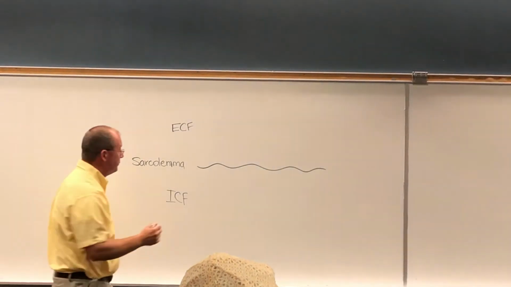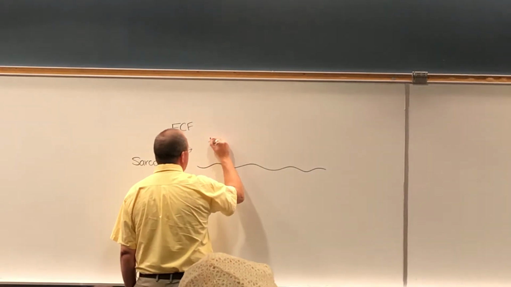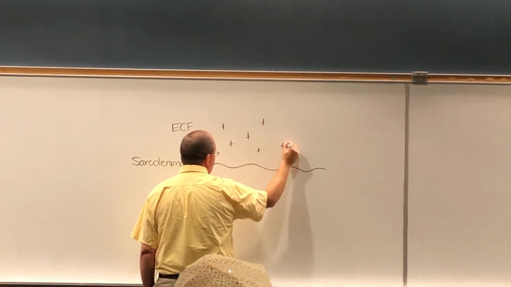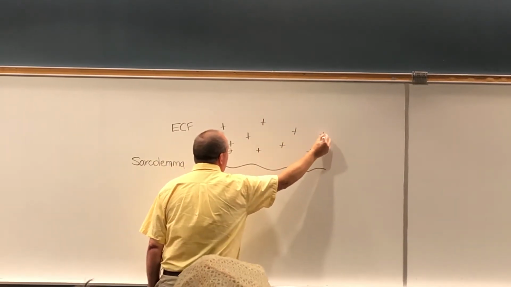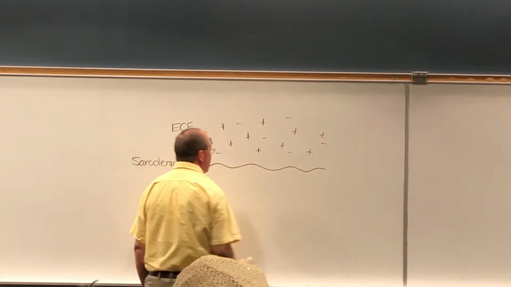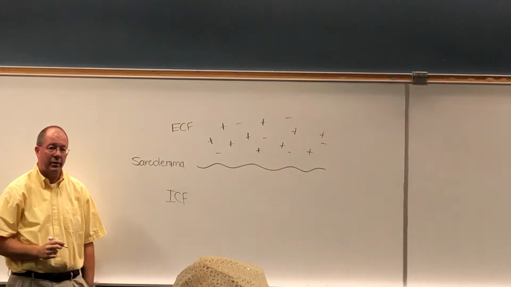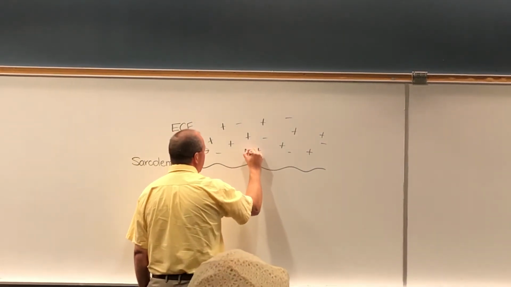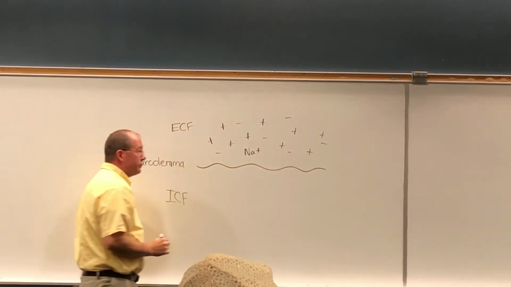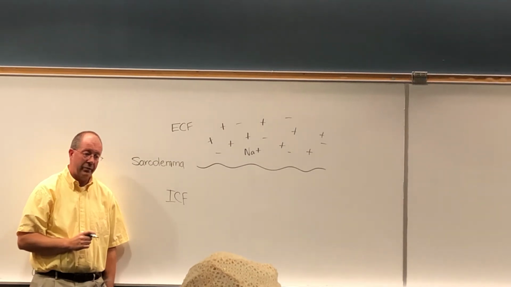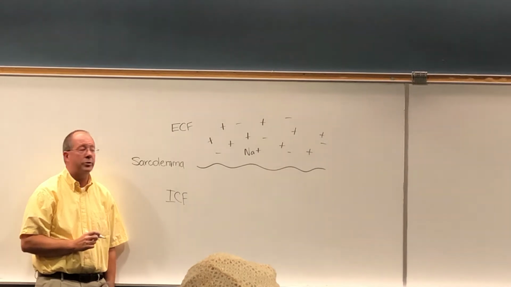Now on the outside, there are a lot of ions in the ECF. There are a few anions, but the majority are positive cations, and the cation that's most prevalent is sodium. So you know that on the outside of the sarcolemma, we have a lot of positively charged cations.